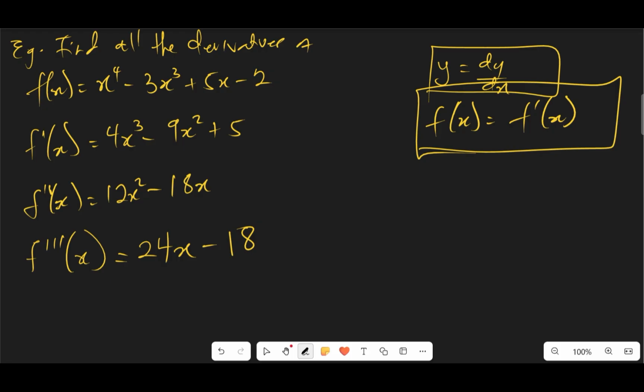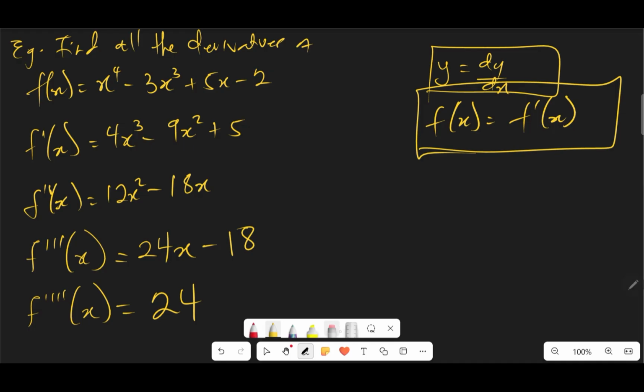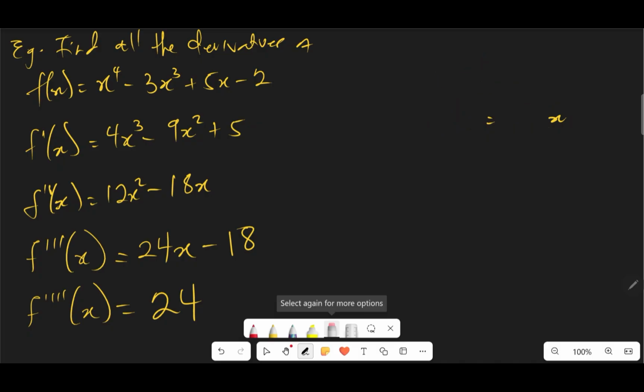Then from there, my fourth derivative is f fourth prime of x, and that will give me 24. If I differentiate 24x, I'll get 24. And if I differentiate 18, it's a constant, so I'll get 0. We are still not done.